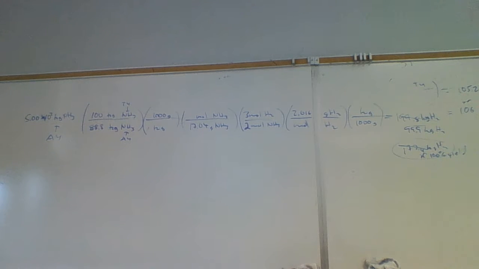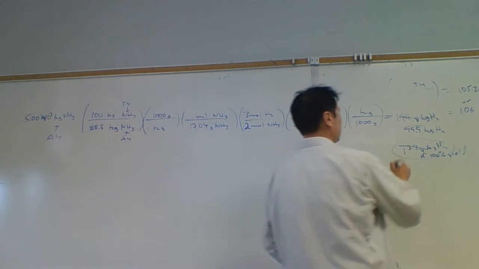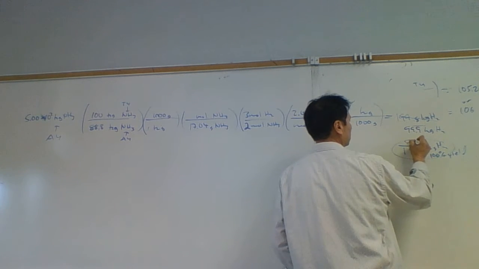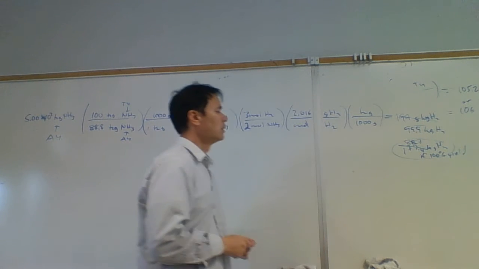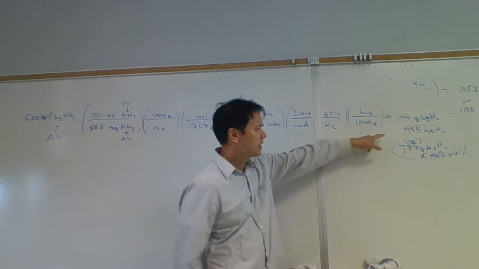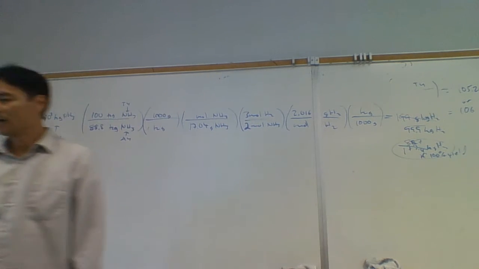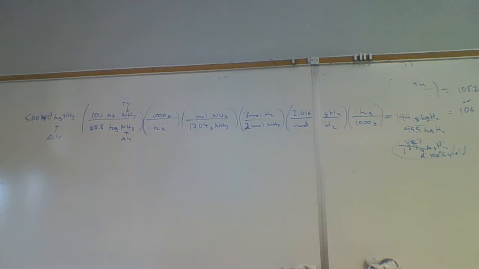Times 0.888 is 88.7. Sorry about that, 88.7. So we are going to have to use about 100 kilograms here. We'd only have to use about 89 kilograms if it was 100%. Okay, is that clear?